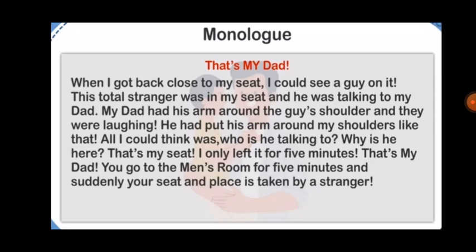When I got back close to my seat, I could see a guy on it. This total stranger was in my seat and he was talking to my dad. My dad had his arm around the guy's shoulder and they were laughing. He had put his arm around my shoulders like that.